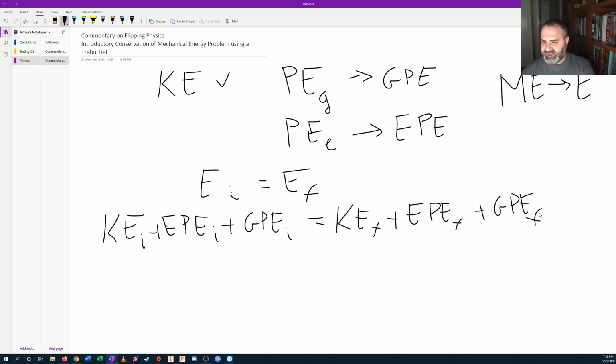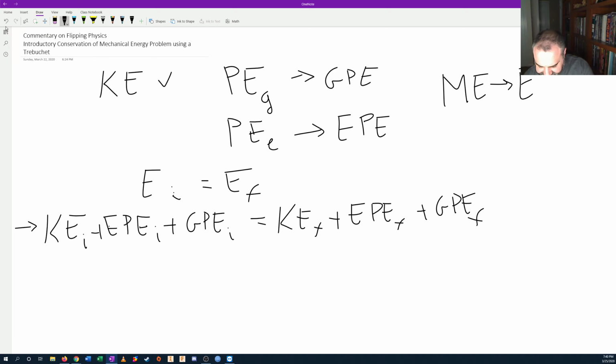He recommends that you write this out every time, or at least, even if you skip this line, that you write out 1/2 m v_i squared plus 1/2 k x_i squared plus m g h_i.